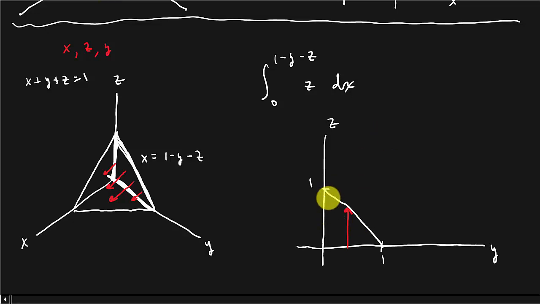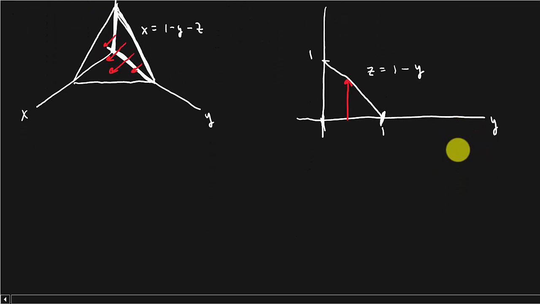The z-intercept, I guess you could say, is 0, 1. And so this is going to be z is equal to 1 minus y. All right. And so for z, we're going from 0 up to this line, which is z equals 1 minus y. And that is dz. And then with respect to y, we're going from 0 to 1 right here. 0 to 1.